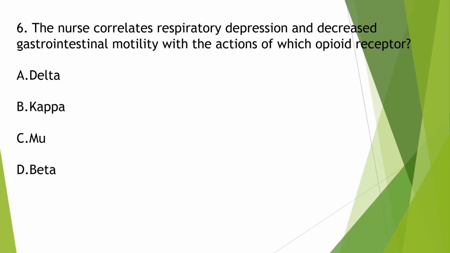They result in respiratory depression, miosis, euphoria and reduced gastric motility. So the answer for this question, the opioid receptor that results in respiratory depression and decreased gastrointestinal motility, is the mu receptor.